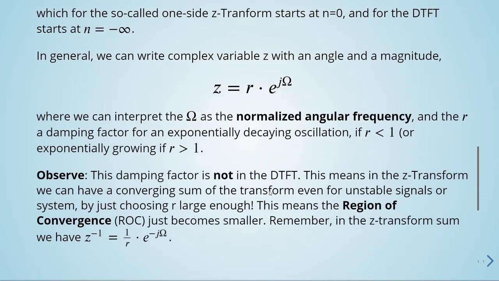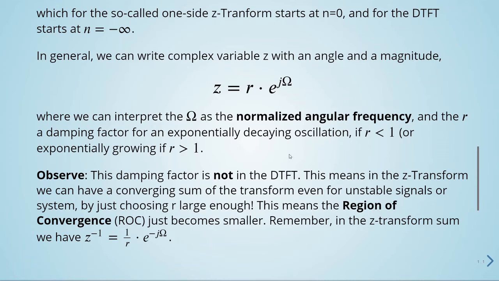So observe that this damping factor is not in the DTFT. This means that in the Z transform we can have a converging sum of the transform even for unstable signals or systems, just by choosing r large enough. This means that the region of convergence, the ROC, just becomes smaller.